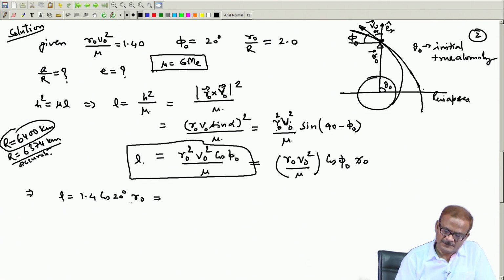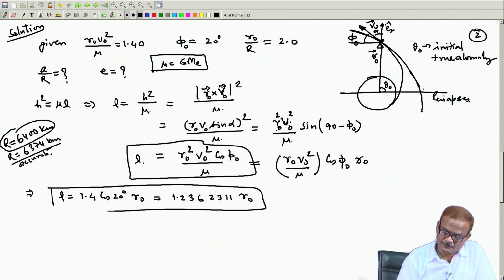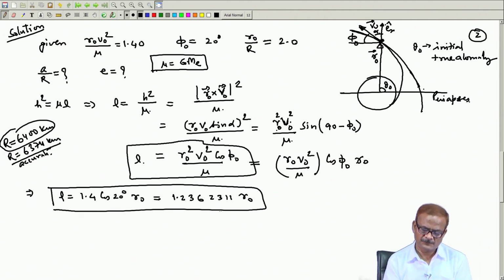Okay, so this gets reduced to 1.2362311 r 0, done on some simple calculator.